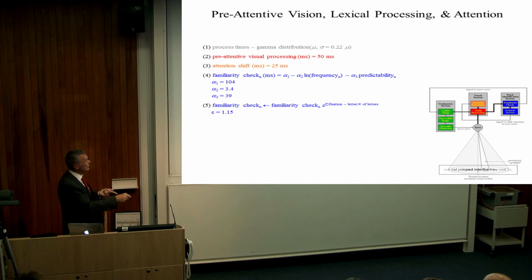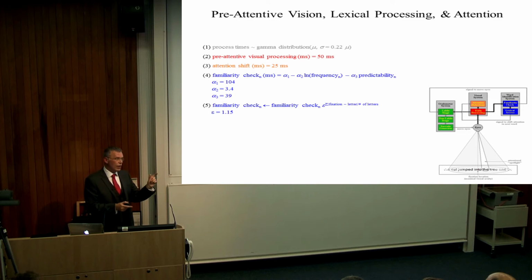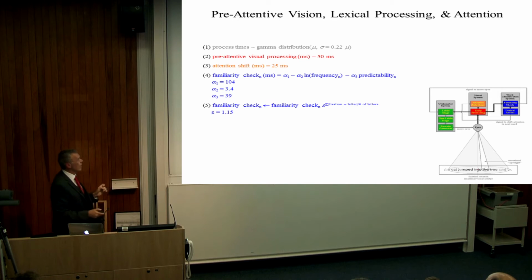Basically, this epsilon is also a free parameter, and it has as an exponent the mean absolute deviation between the point of fixation and each of the words being attended to. What this does is cause the familiarity check time to increase in duration for words that are long and for words that are far from the point of fixation.